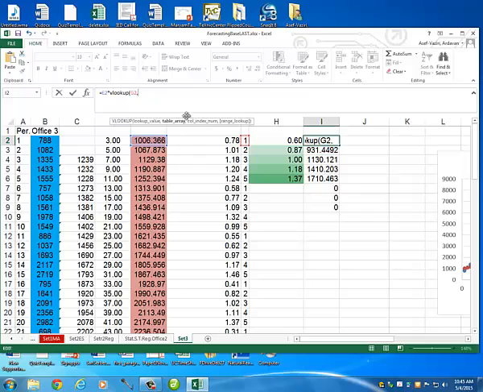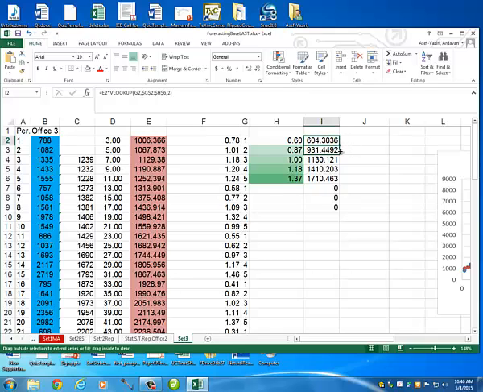Lookup value was there. Table array is here, but we need to lock it because we copy down. That is the table array. And what column? This was column 1, this is column 2. So look what you have here, that is the modulus. Look for the corresponding value over there and multiply by the corresponding index.